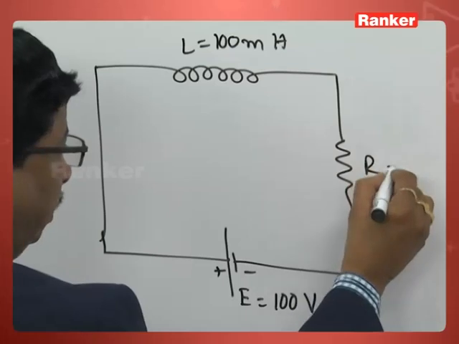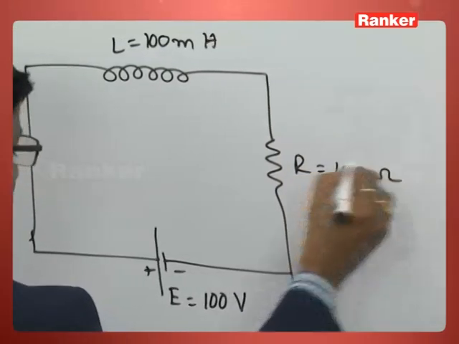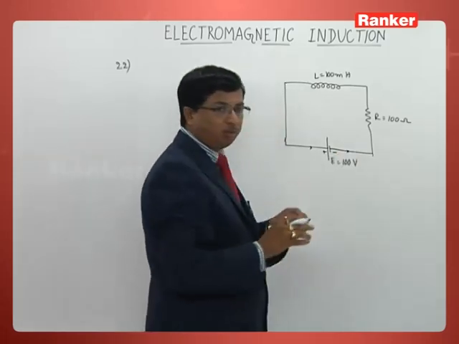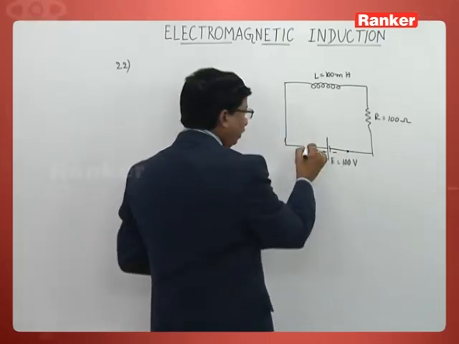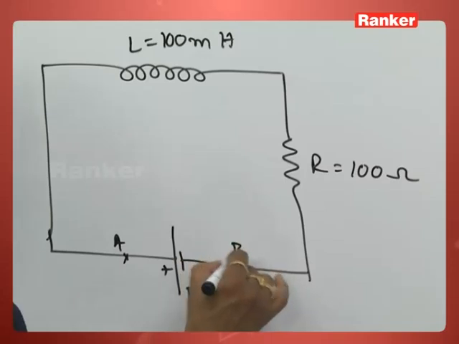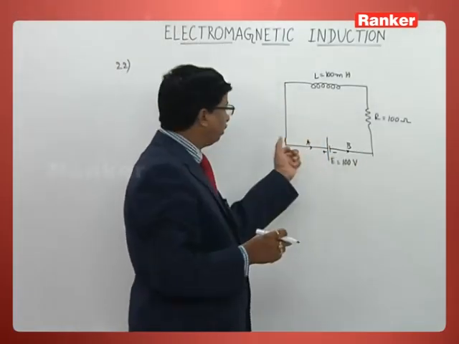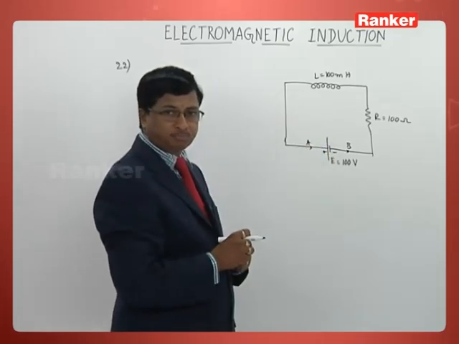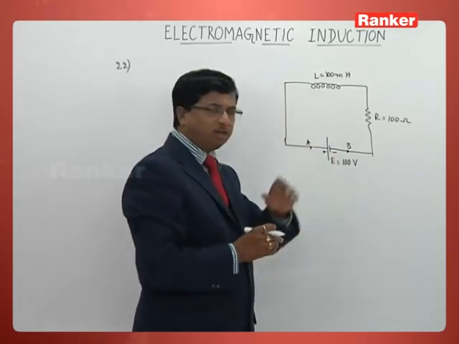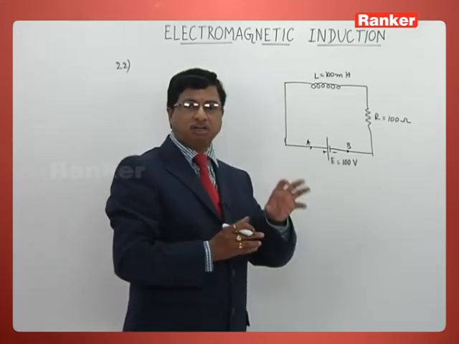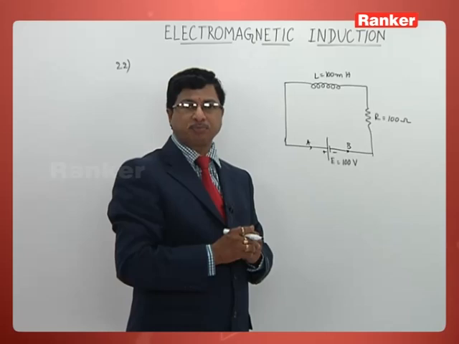The resistance over here is 100 ohm. These two are the points he is talking about in the problem. One is point A, one is point B. Removing this cell, he has just short circuited the system. That means it directly connects these points without having the cell in between. That is what he is talking about.